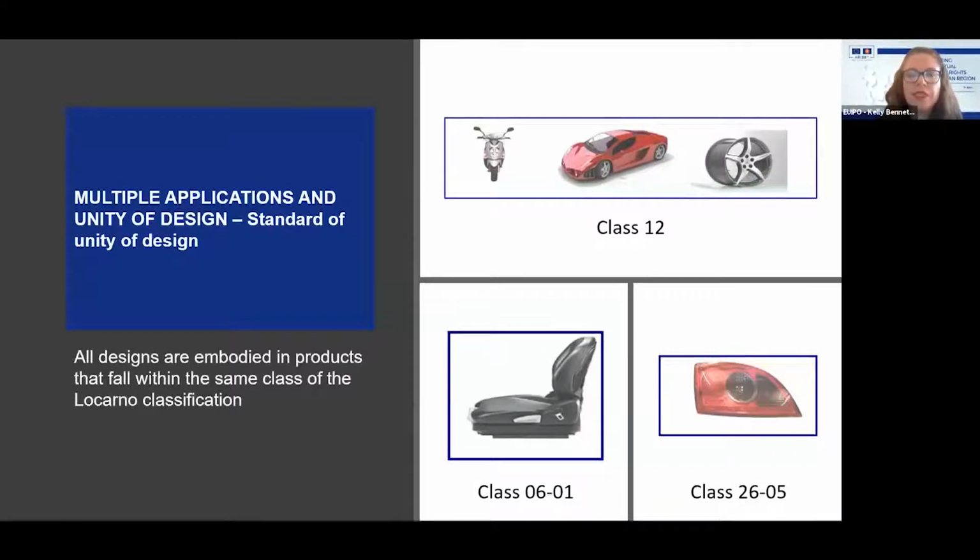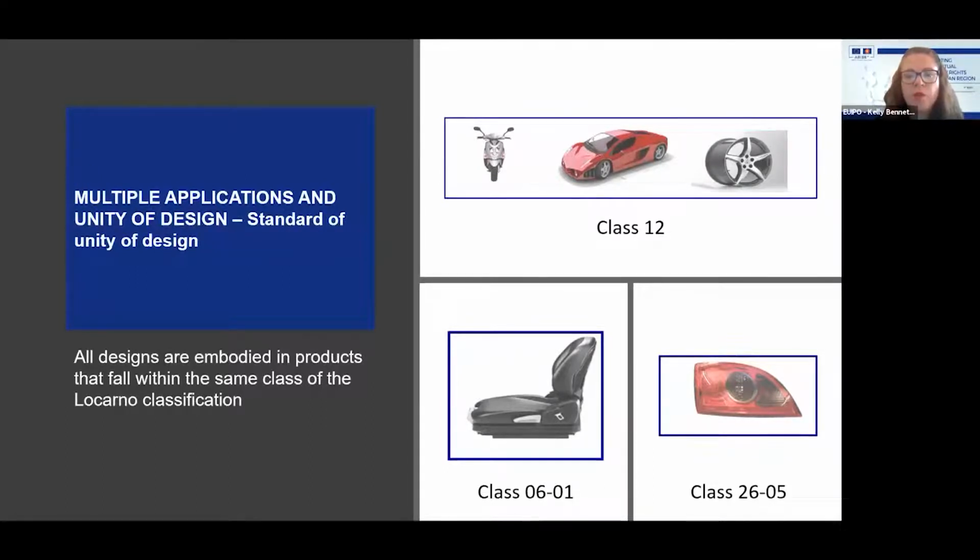So, for instance, in a multiple application for motor vehicles, one of the designs being for motor vehicles in class 12.08, and another design being for vehicle interiors in class 12.16. This would be perfectly acceptable because the two designs are in the same class, even though they're in different subclasses.